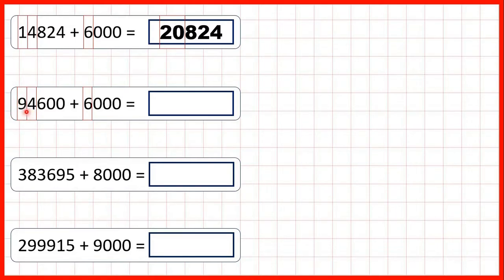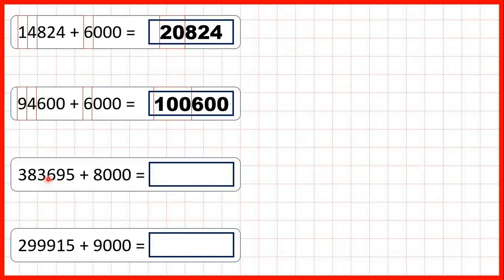So instead of 94, we can write our answer as 100 followed by the 600, so 100,600. That's because 94 plus 6 is 100, and then the digits that we've not highlighted, so the digits in our hundreds, tens and ones, stay the same.